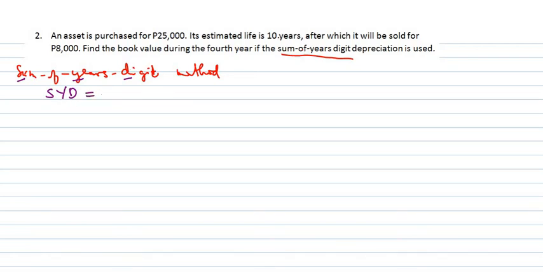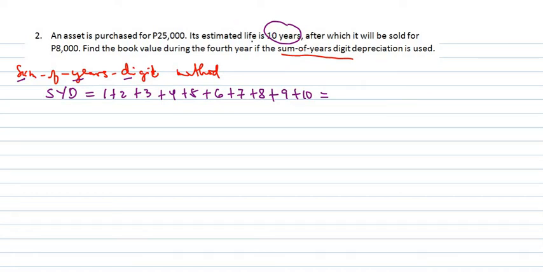If our n is 10 years, our SYD is based on the estimated life. We have the sum of the years: 1 plus 2 plus 3 plus 4 plus 5 plus 6 plus 7 plus 8 plus 9 plus 10. That is how we compute the sum of years digit. If this is 5 years, then we will have 1 plus 2 plus 3 plus 4 plus 5.